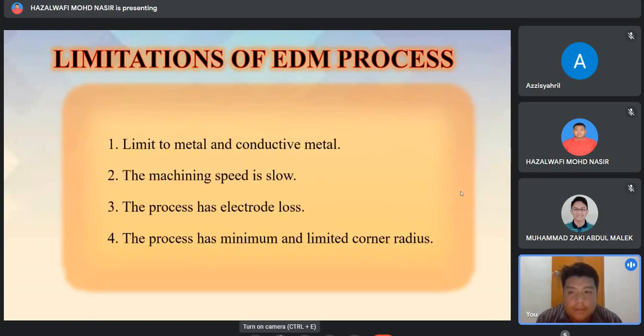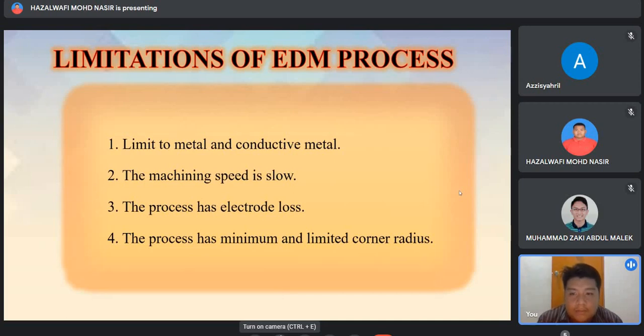So there are many limitations and disadvantages of the EDM process. The first limitation is that it is limited to metal and conductive metal, because the EDM machine only uses electrical conductivity. The second limitation is the machine speed is low and needs more time to cut the workpiece.